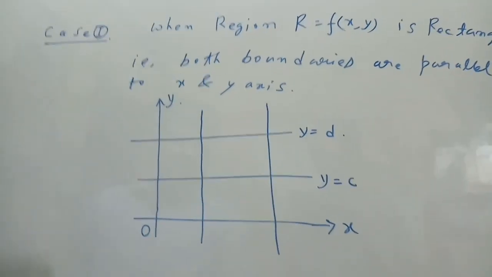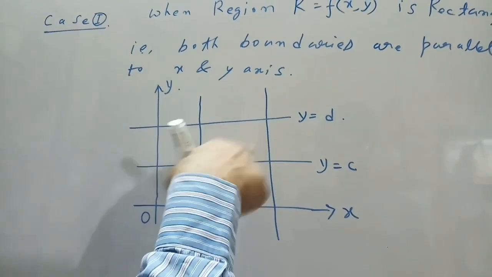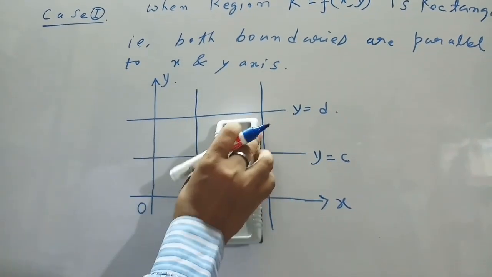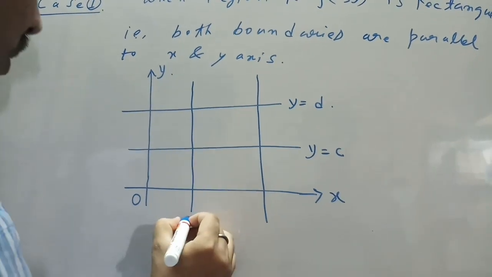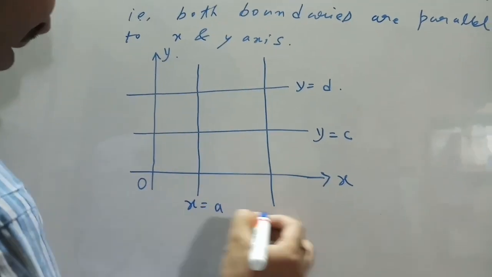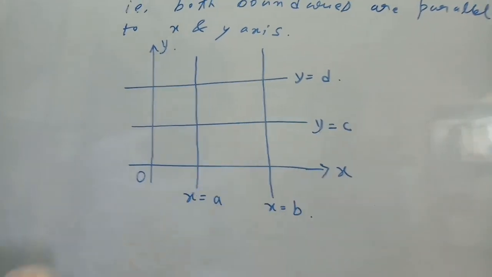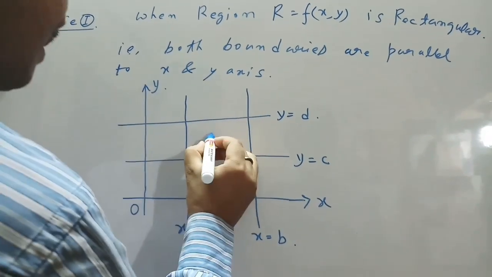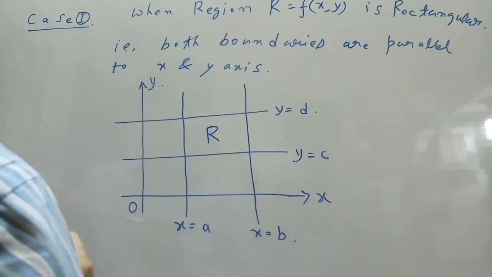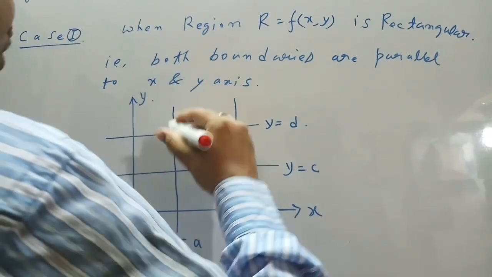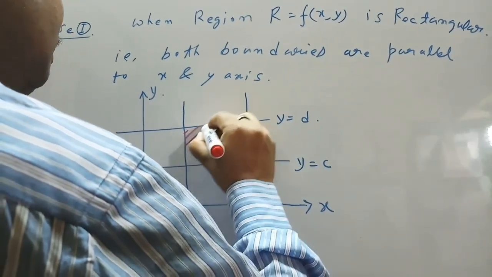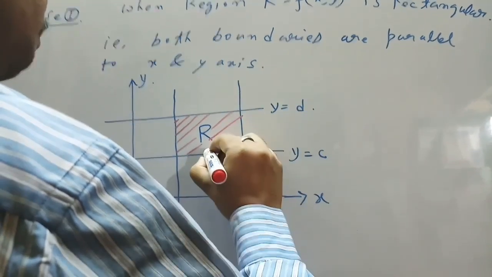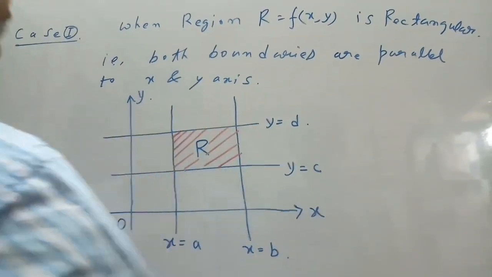These two are parallel to the y axis: x equal to a and x equal to b. This shaded region is the region R.